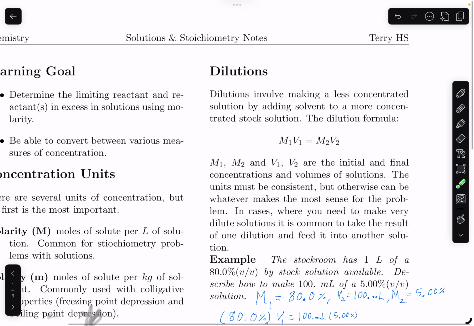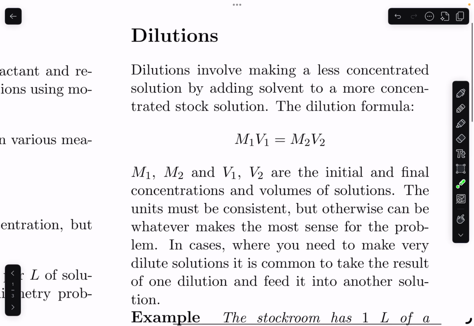For dilutions, you always use this formula: M1V1 equals M2V2. Now this is important any time you've got a very concentrated solution in the stockroom and you want to dilute it down to get a concentration you're going to use in an experiment. So you've got M1 and M2.